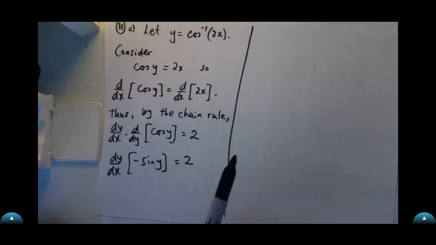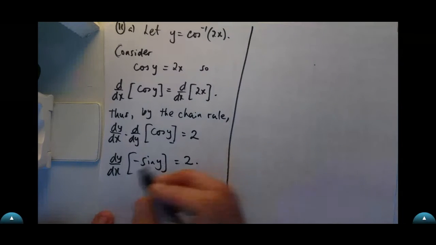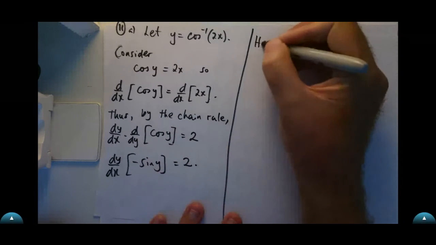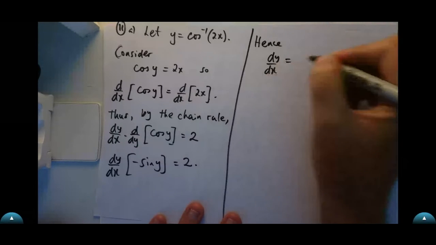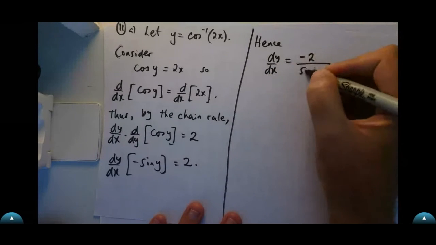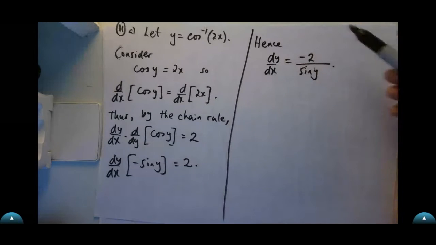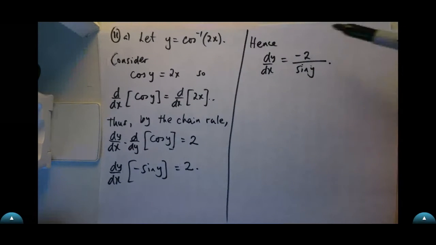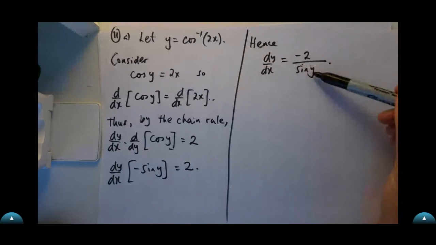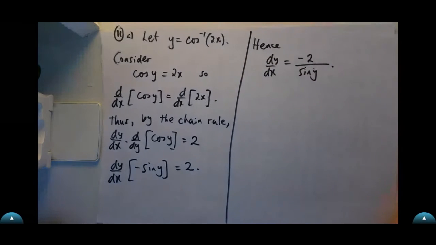So let's move that around, and we can write it in terms of this. Now, that's a perfectly reasonable answer. What some people expect you to do is write this back in terms of x.